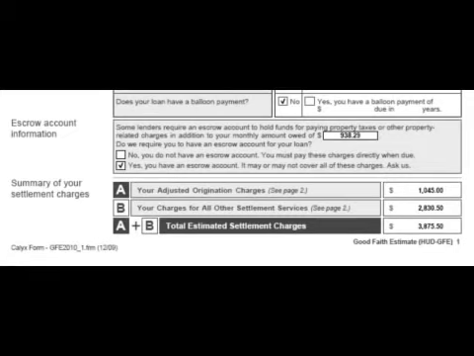And item B then includes item A plus any origination or any broker yield spread premium, and that's how the broker is paid. So that's included in item B, and then A plus B equals your total estimated settlement charges. So that's a very key item that I'm asking you to pay attention to.